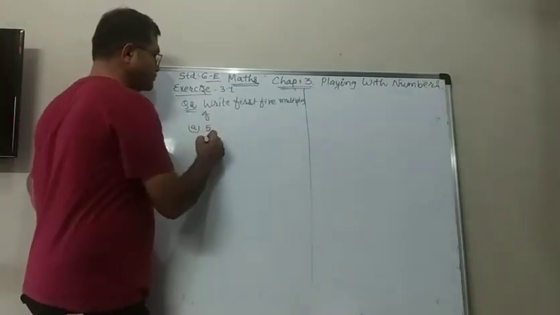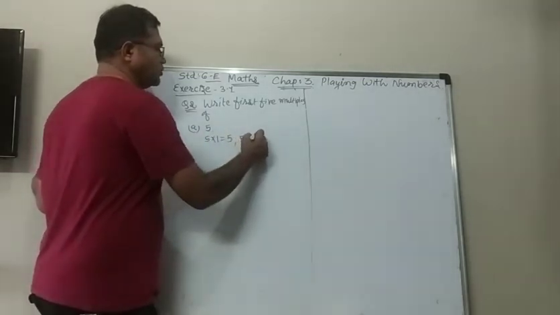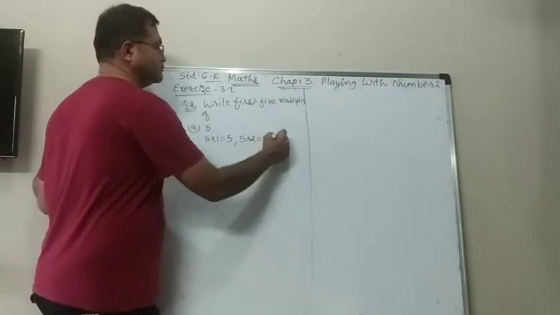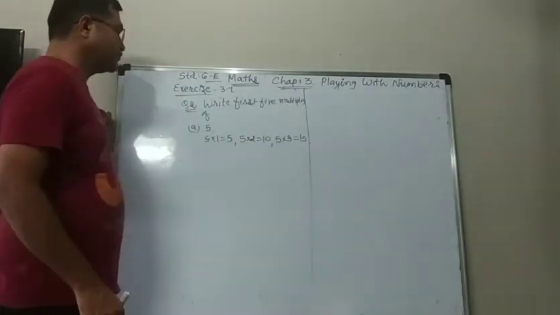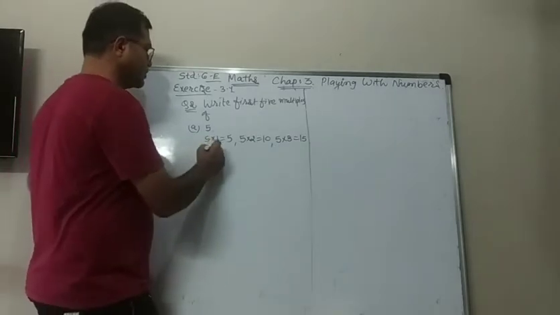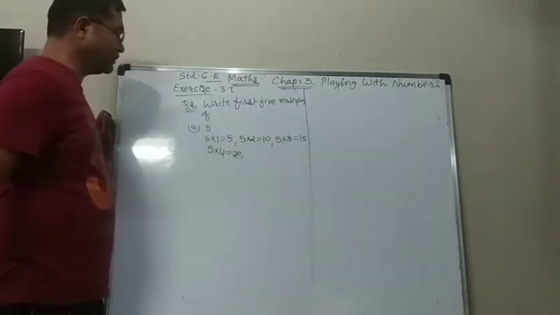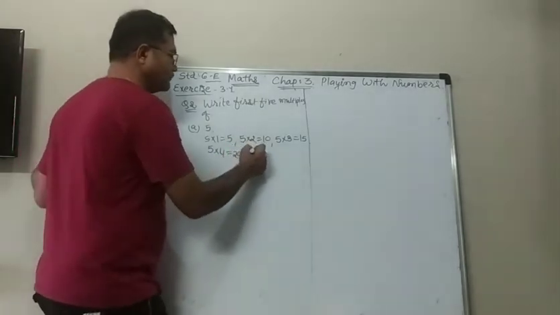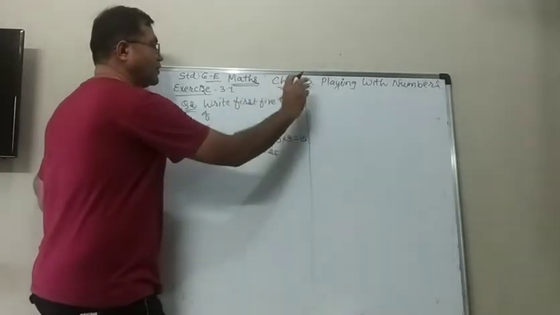So 5 ones are 5, 5 twos are 10, 5 threes are 15, 5 fours are 20 and 5 fives are 25. Because we have to write down only first 5.